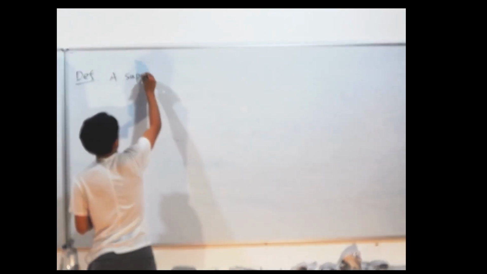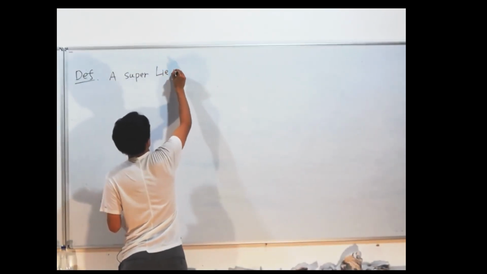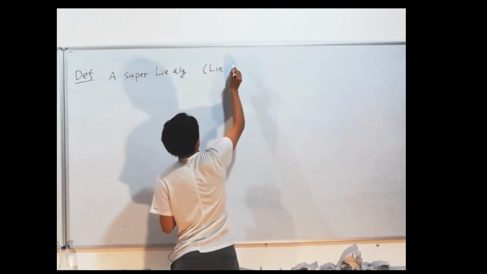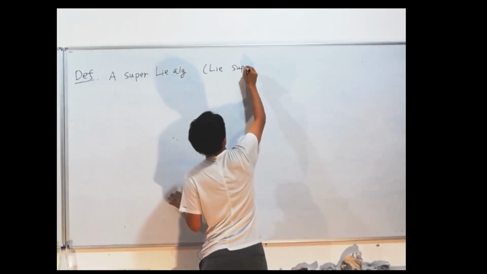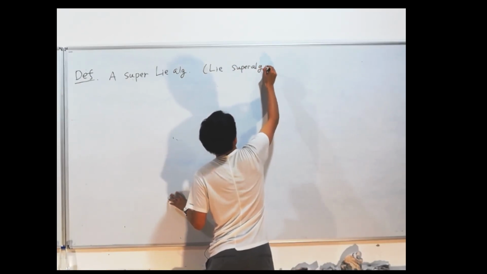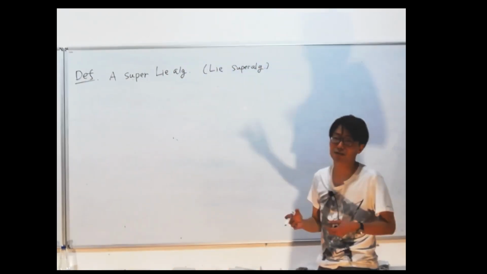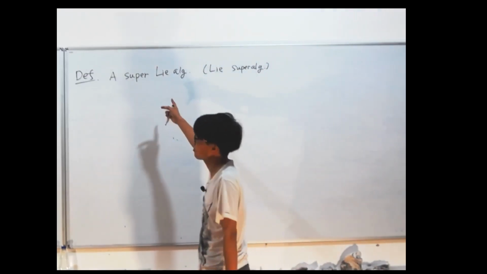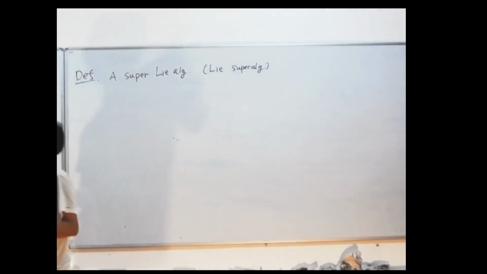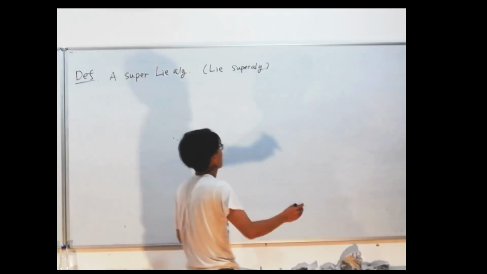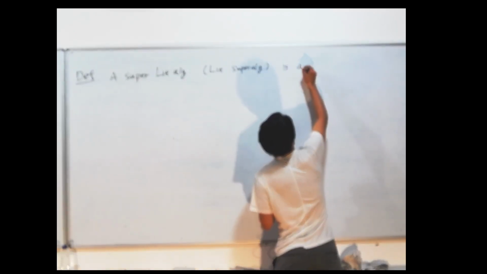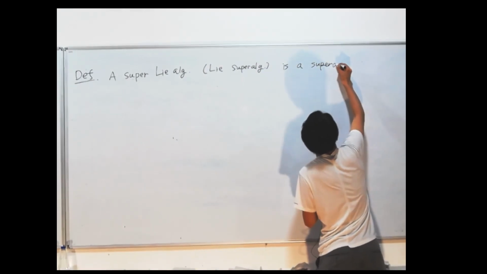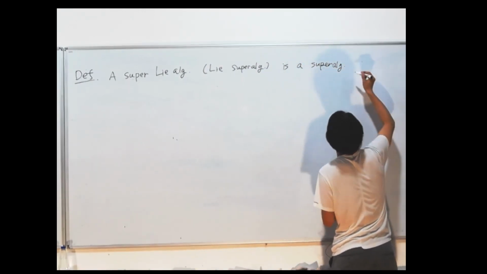Super Lie algebra. Sometimes people denote it Lie super algebra, because you define a super algebra, then you put this Lie bracket. But I like this name better than Lie super algebra, but it's up to you. It's a super algebra.